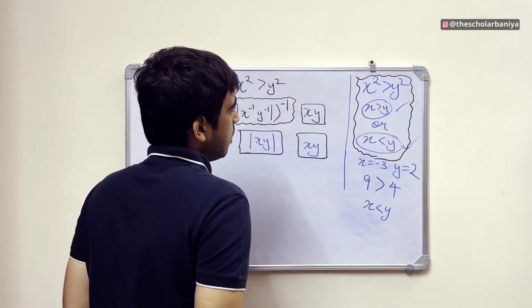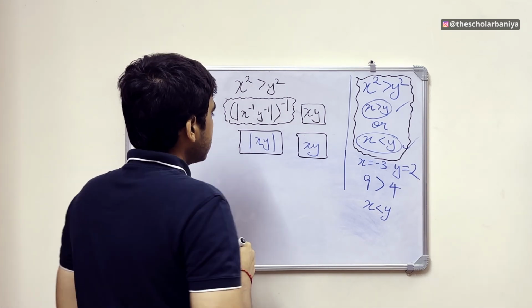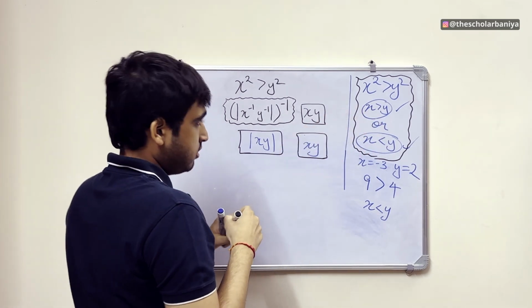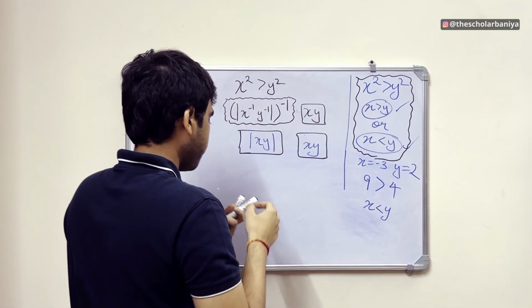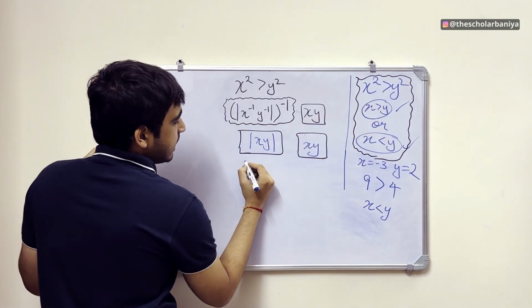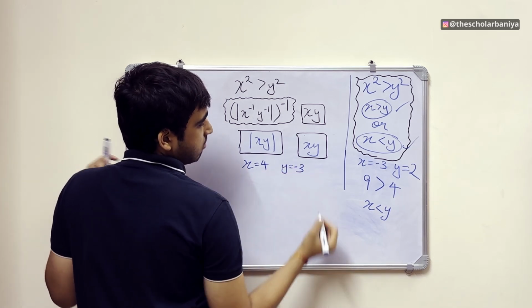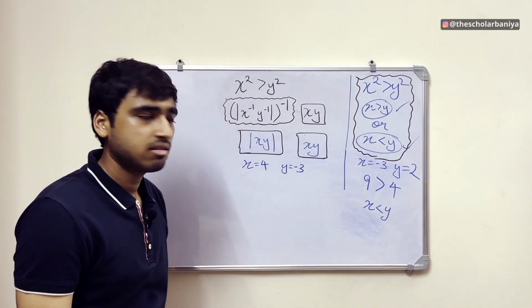Okay. Now let's suppose we are given that x square is greater than y square, right? So if this is one possibility, maybe let's say x is greater than y. So let's suppose x is equal to 4, y can be minus 3, right?